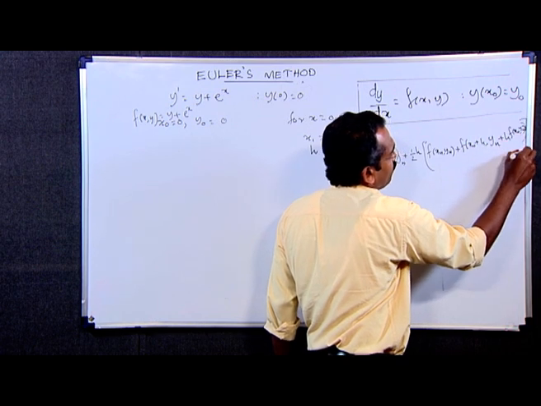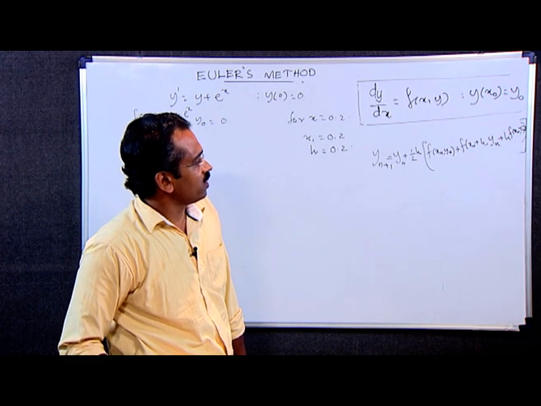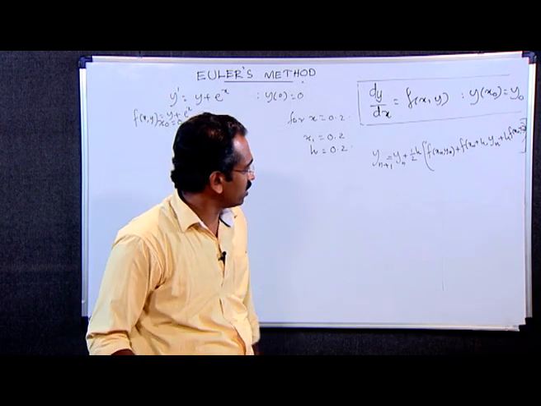This is the general formula by the modified Euler's method.